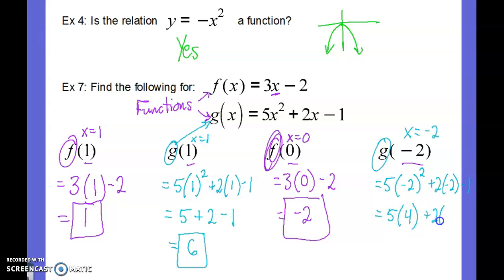Let me just rewrite this for now. Then multiplication goes left to right. So 5 times 4 is 20. 2 times -2 is -4. And then you add left to right. So 16 minus 1 is 15. Feel free to use a calculator, but I'm seeing a lot of people make this mistake. So make sure you understand the math.